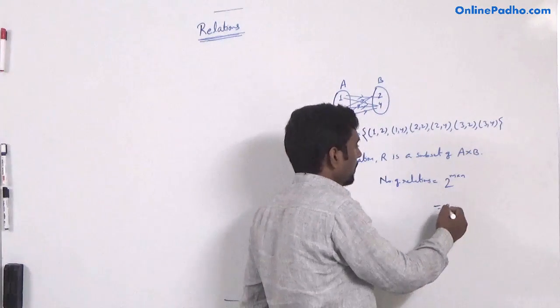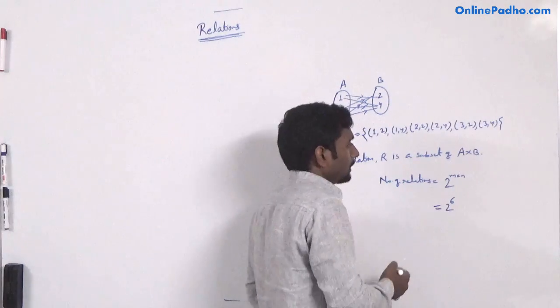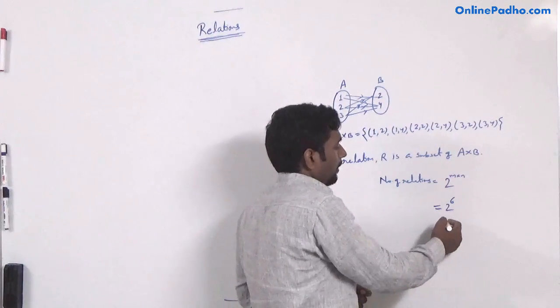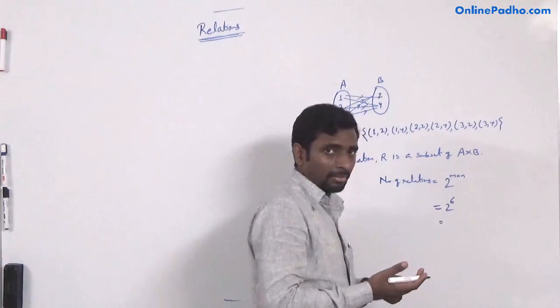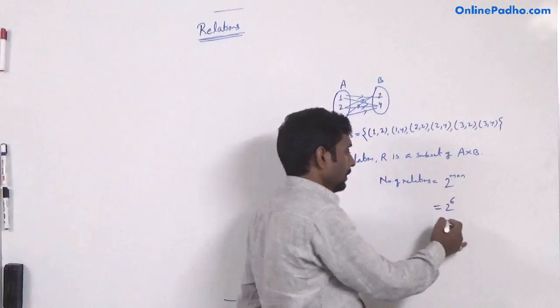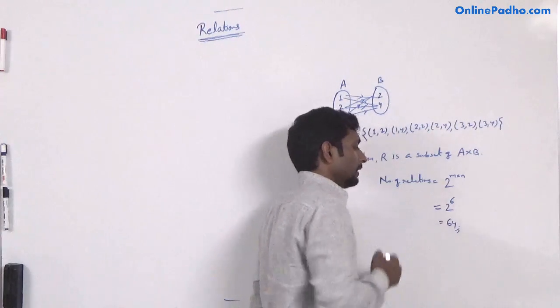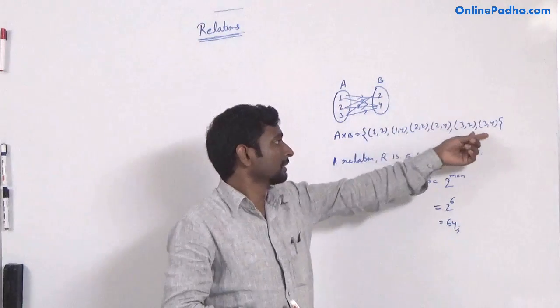So in this case, the number of relations is 2 to the power 3 multiplied by 2, that is 2 to the power 6, that is 2, 4, 8, 16, 32, 64. You can write it as 64, right? So we can make 64 relations from this set.